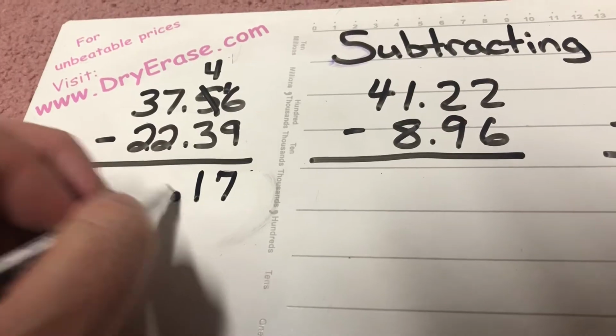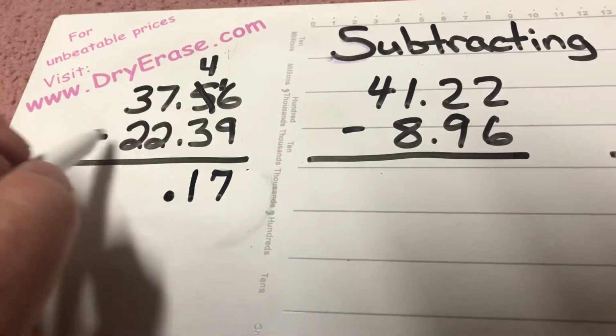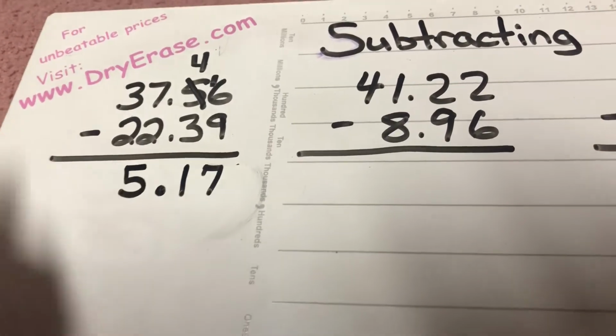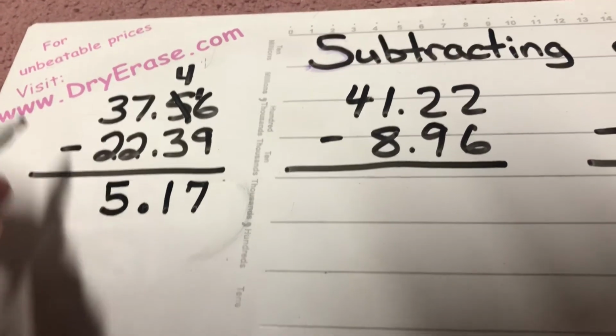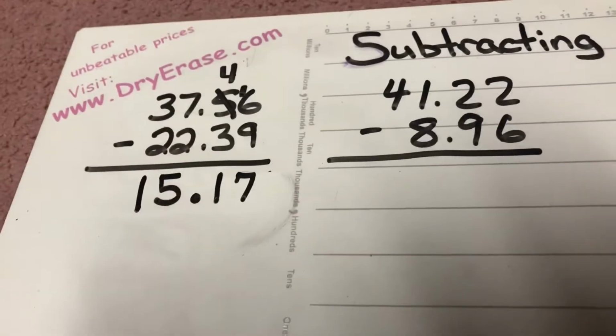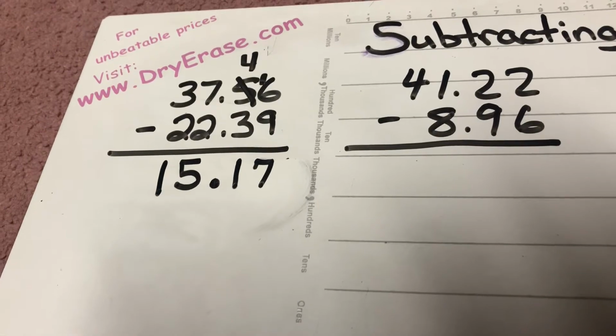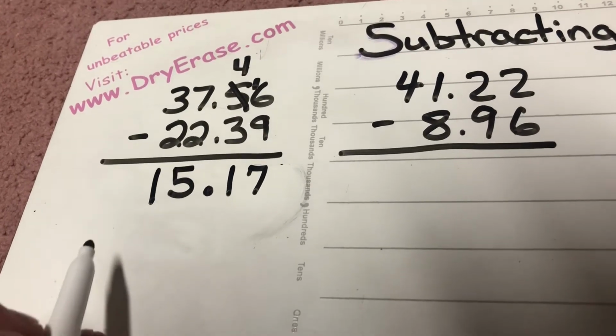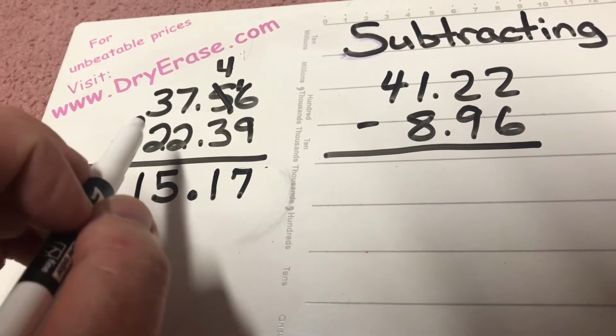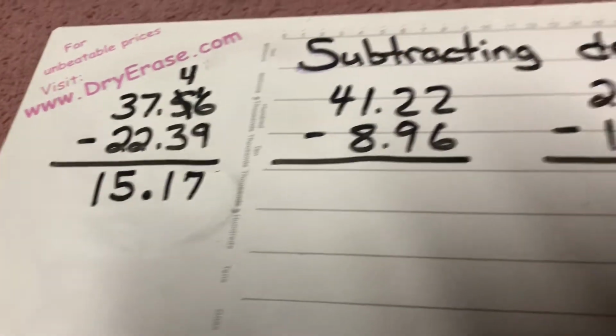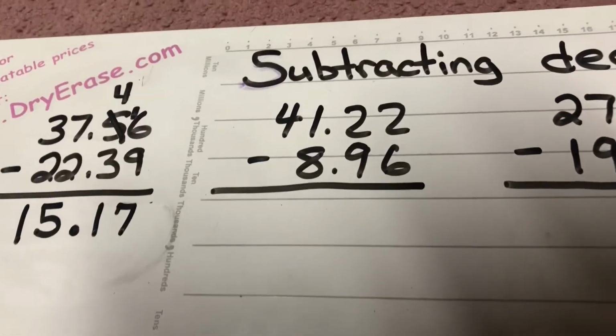Then I'm going to drop the decimal down. Then I'm going to do 7 minus 2, which is 5. And then I'm going to do 3 minus 2, which is 1. And I'm going to get an answer of 15 and 17 hundredths for this particular problem.